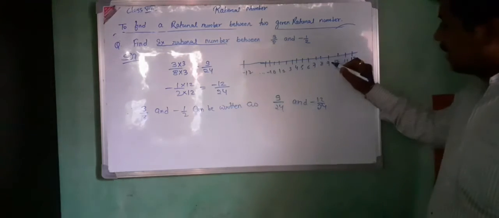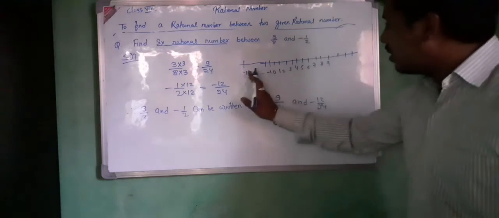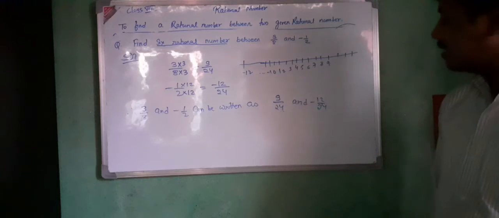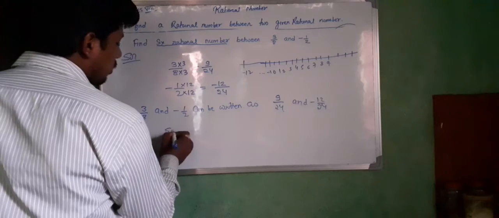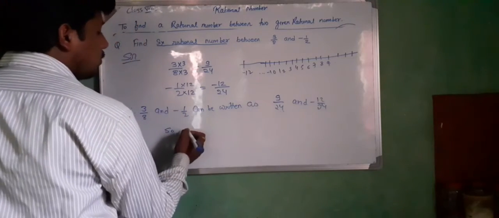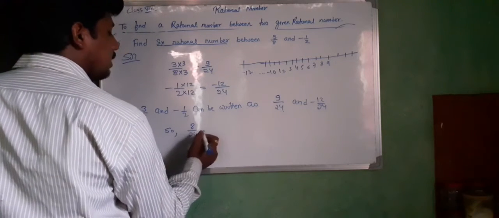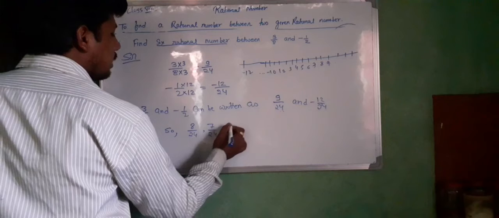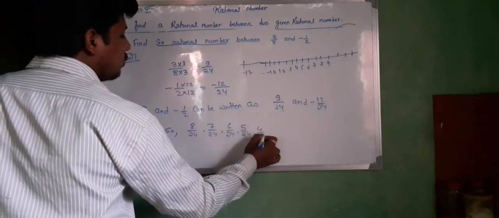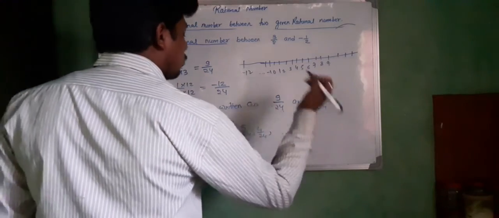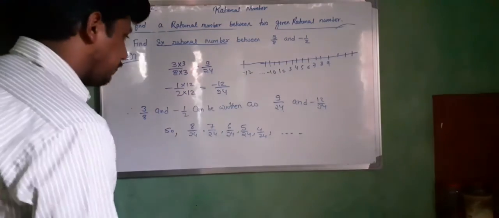If I go this way, I will get minus 12 somewhere. So in between these two rational numbers, what will be present? 8 by 24, then 7 by 24, then 6 by 24, then 5 by 24, then 4 by 24, then it goes 3, 2, 1 till minus 12.